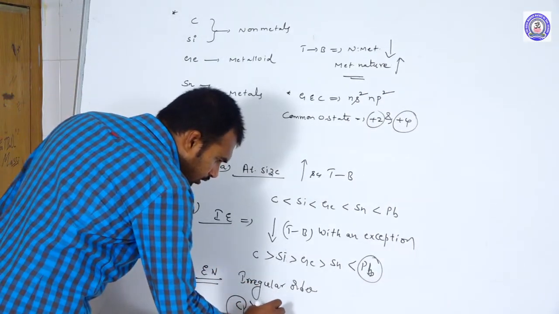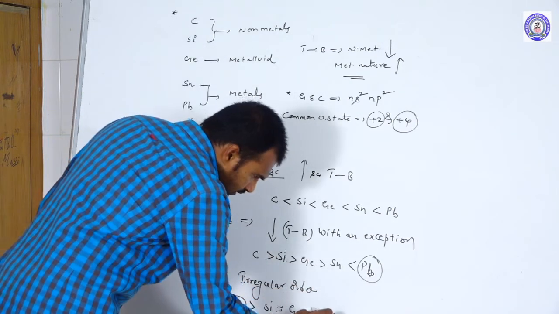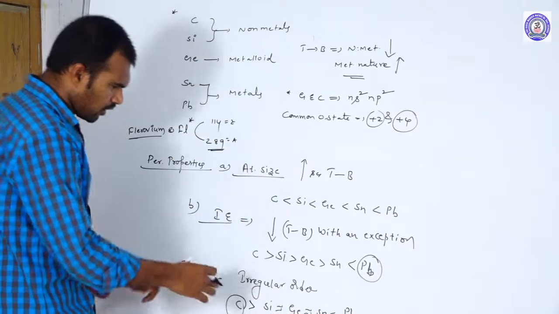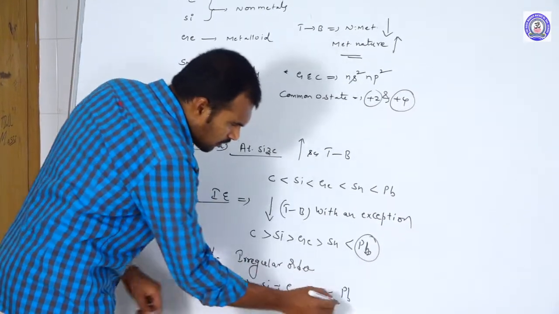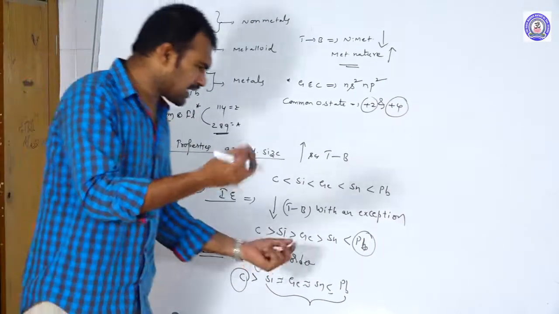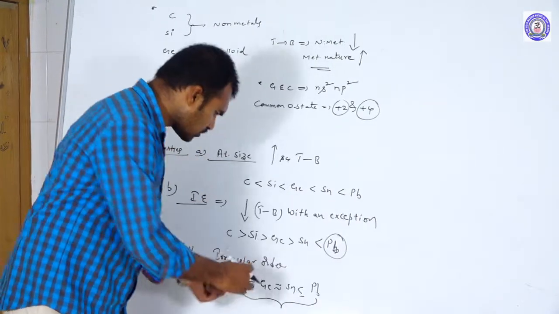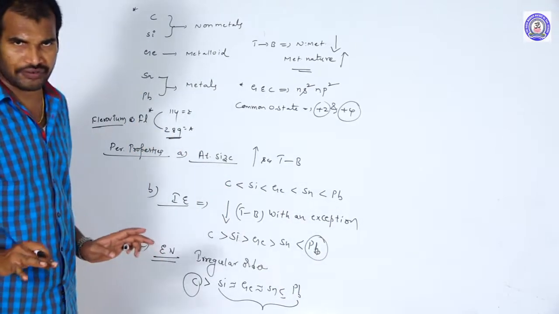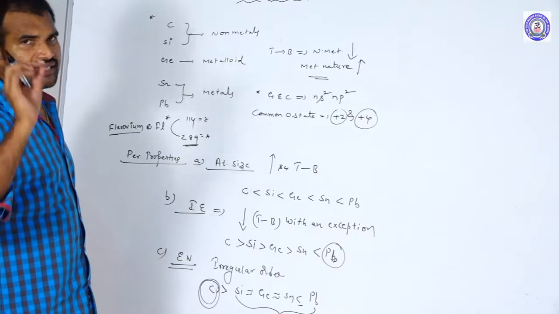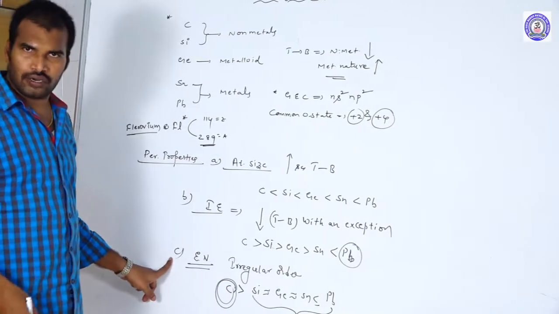The remaining elements, silicon, germanium, tin and lead, are almost having equal electronegativities, with lead slightly greater by 0.1 or 0.2. Only carbon has high electronegativity because of its small size and its non-metallic nature.